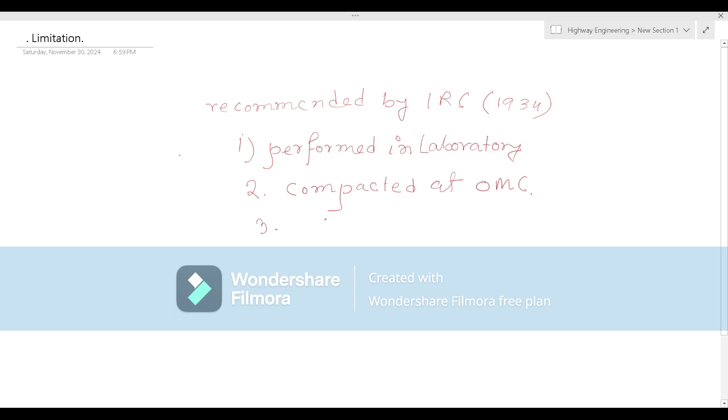And third, the sample is soaked for 4 days before testing.